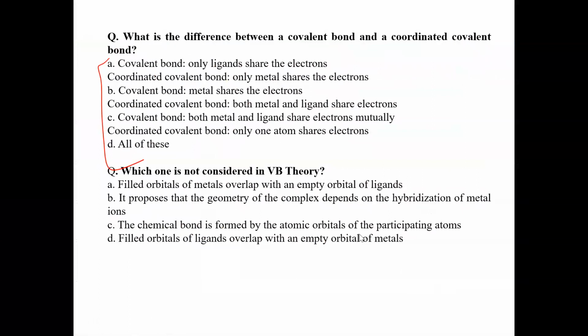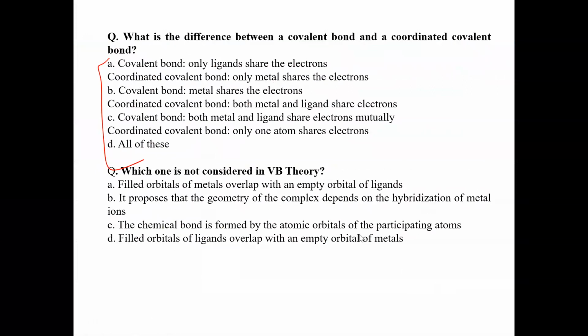And the next one, which one is not considered in VBT, valence bond theory? So basically, you have to choose which statement is not considered in the valence bond theory. Filled orbitals of metal overlap with an empty orbital of ligands.